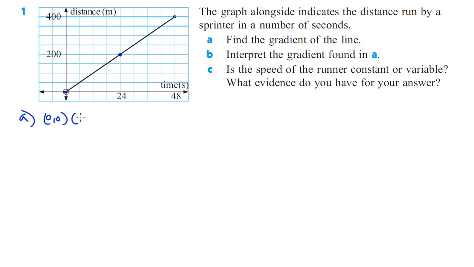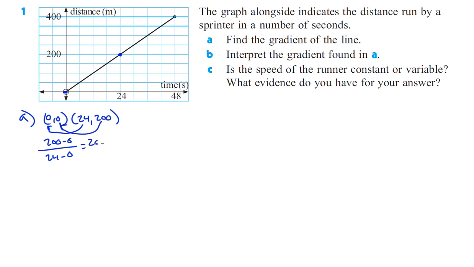And x first, so that's 24, and 200 is the y. We could have also used 48, and 400 would have worked just fine too. So to find the slope, we're just going to do 200 minus 0 over 24 minus 0.